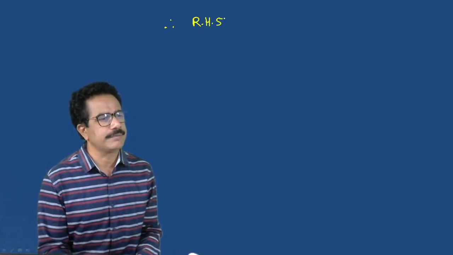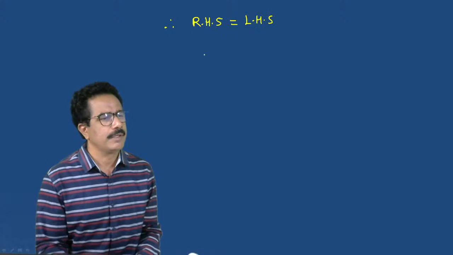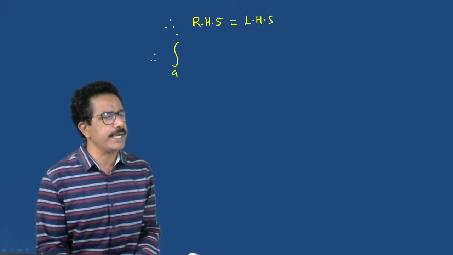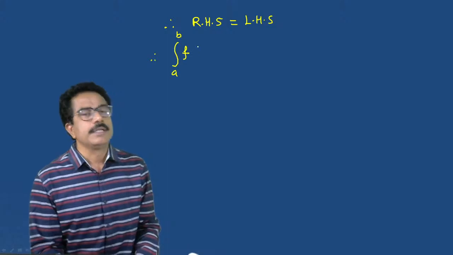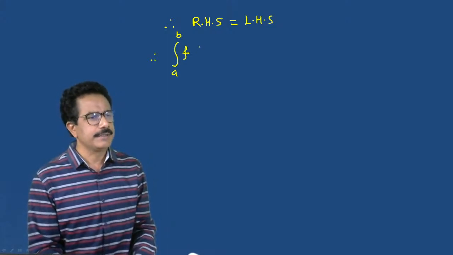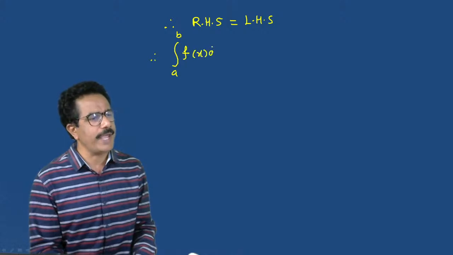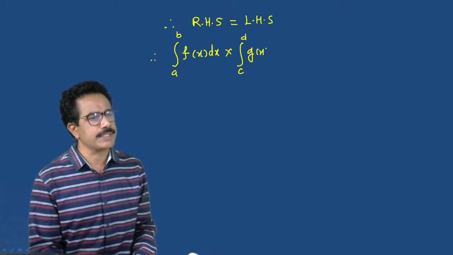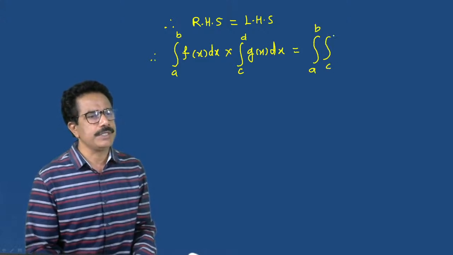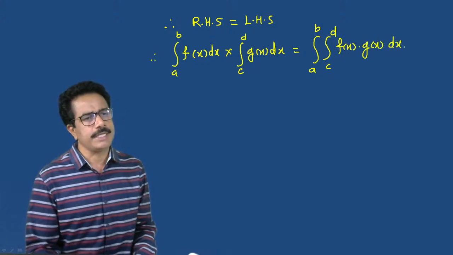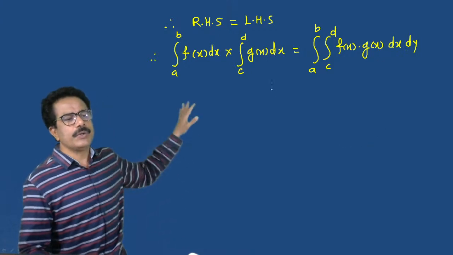Therefore, the RHS equals the LHS. So we can write the integral from a to b of f of x dx into the integral from c to d of g of y dy, which equals the double integral from a to b, c to d of f of x into g of y dx dy.